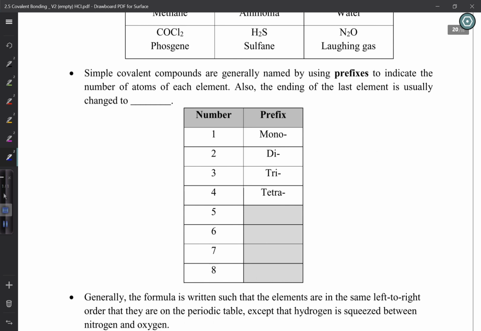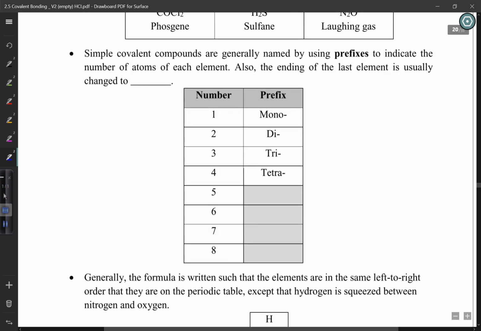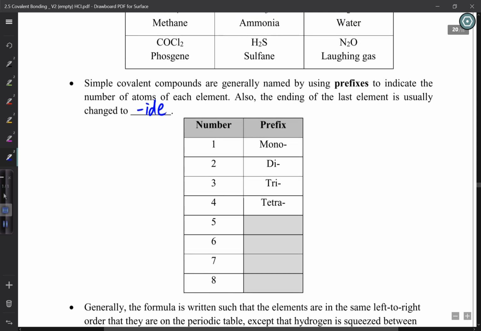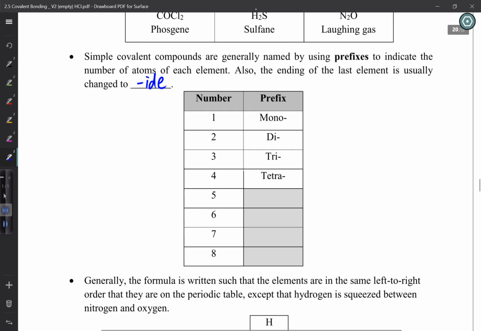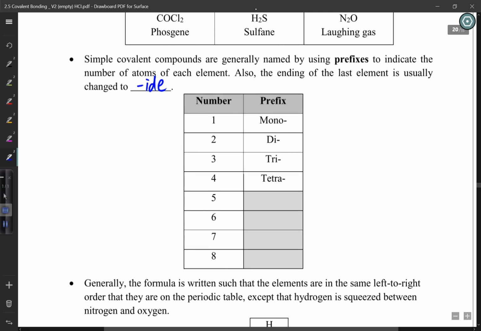Okay, next one. Simple covalent compounds are generally named by using prefixes to indicate the number of atoms of each element, and also the ending of the last element is usually changed to -ide. Alright? That's why you have carbon dioxide, carbon monoxide, sodium chloride. Most of them are -ide. So here are the prefixes.